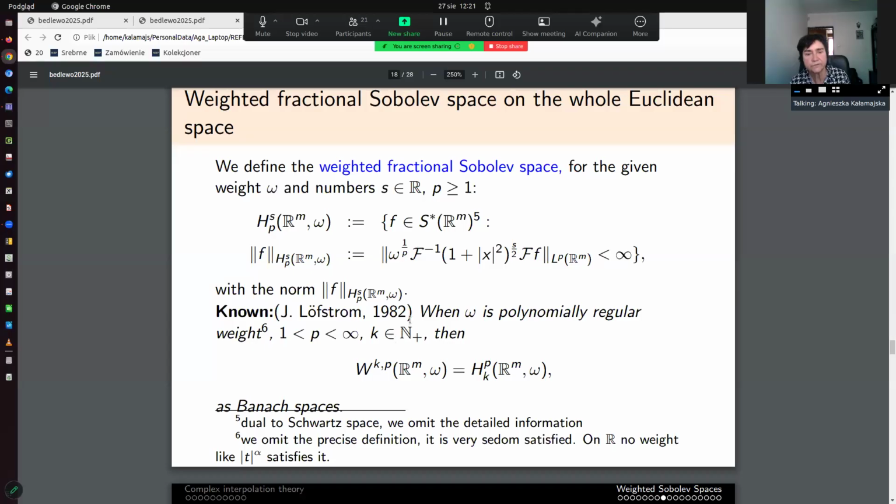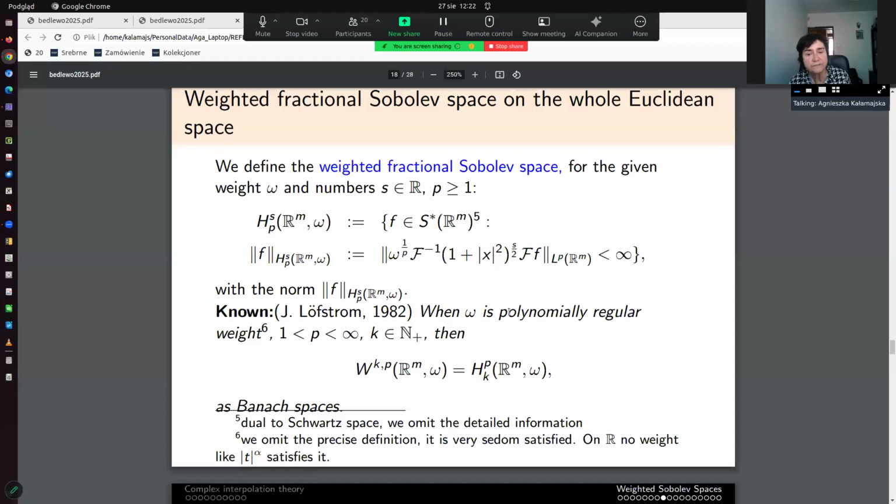And there is the result by Löfström from 1982 that when omega satisfies a certain additional condition, which he calls polynomial regularity, then first of all, it is known that this weighted Bessel potential space, the fractional Sobolev space, is the same as the usual Sobolev space.